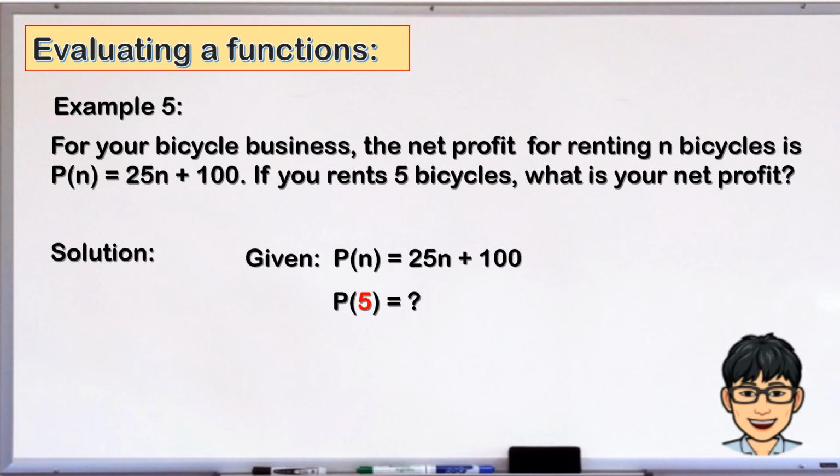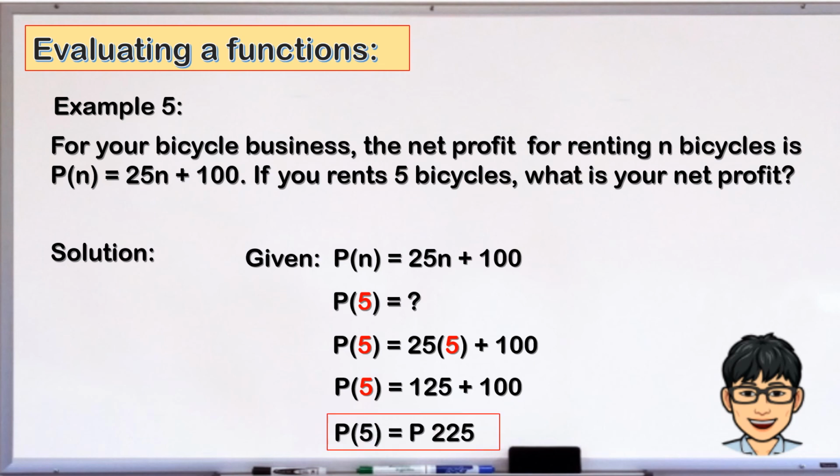So, lahat ng n doon sa P, gagawin natin 5. Kaya we have P of 5 equals 25 times 5 plus 100. And 25 times 5 is equal to 125 plus 100. Therefore, your net profit is 225 pesos.